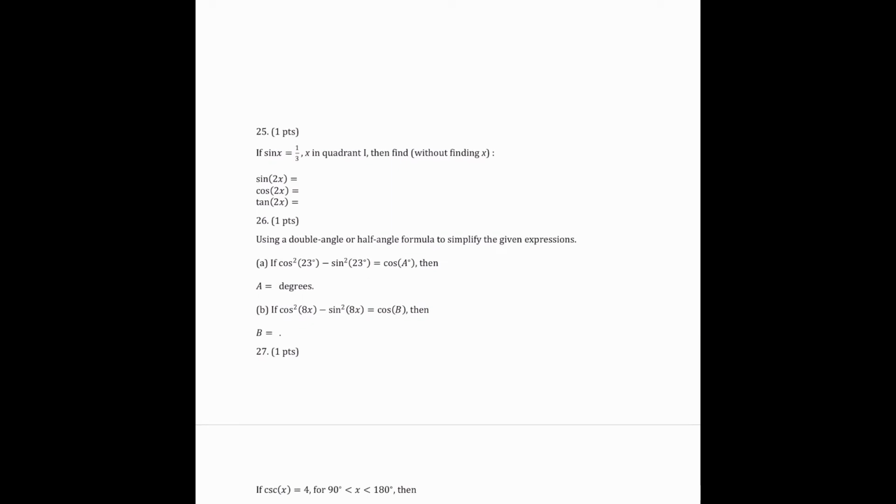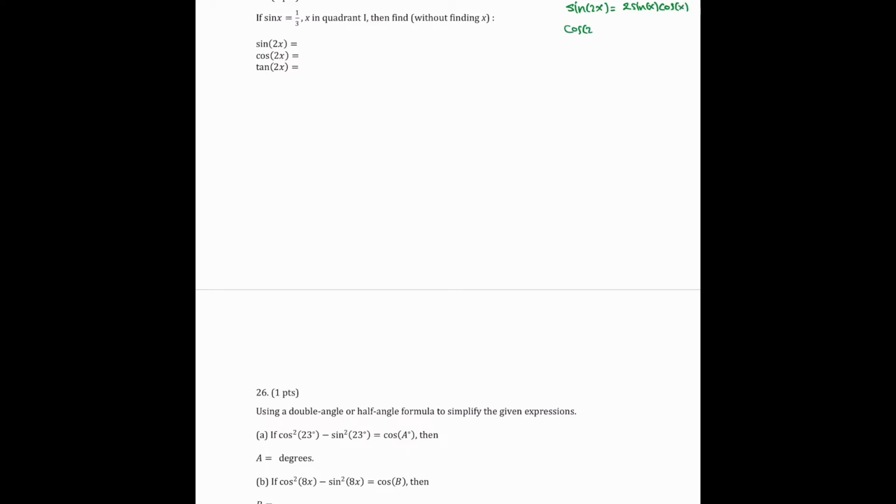Question number 25. For question number 25, we're going to use double angle formulas. So let me remind you of the double angle formulas. First, we have sine 2x is equal to 2 sine x cosine x, and you need to memorize all of these.